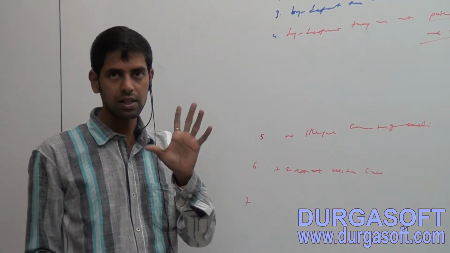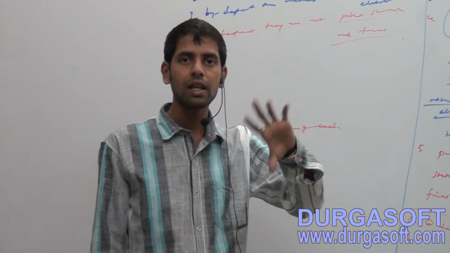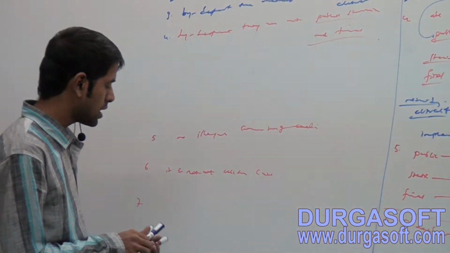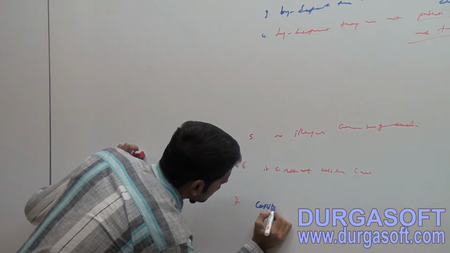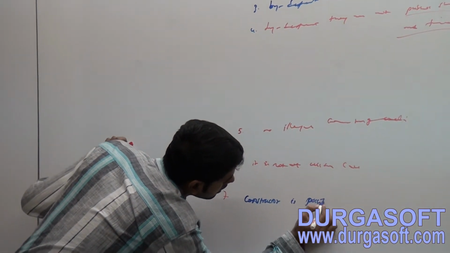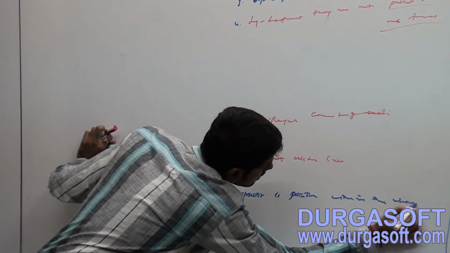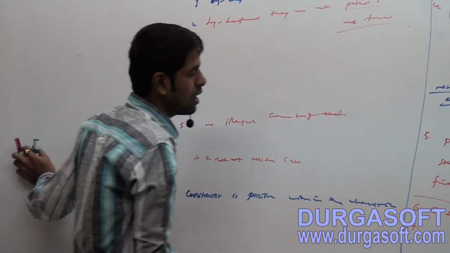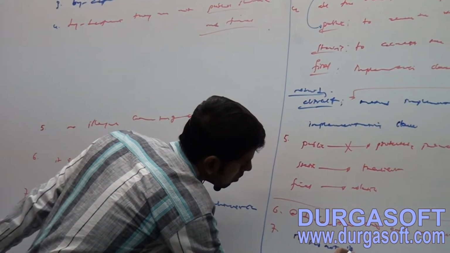And we cannot declare a constructor within an interface. Constructor is possible within the abstract class, but it is not possible within an interface.